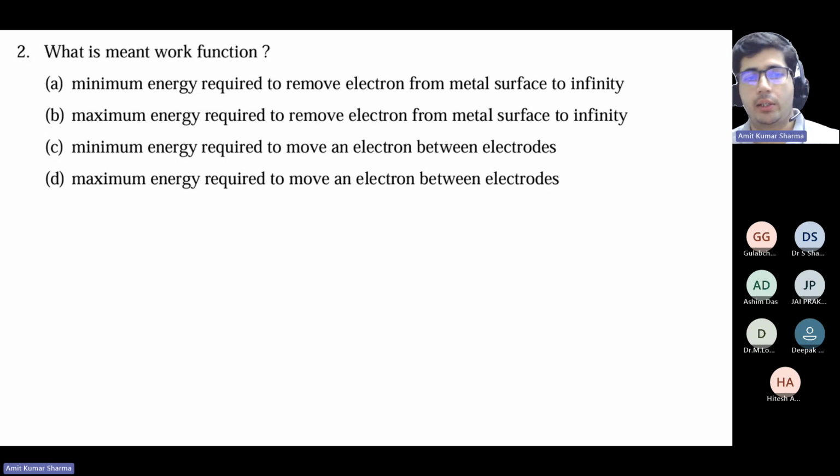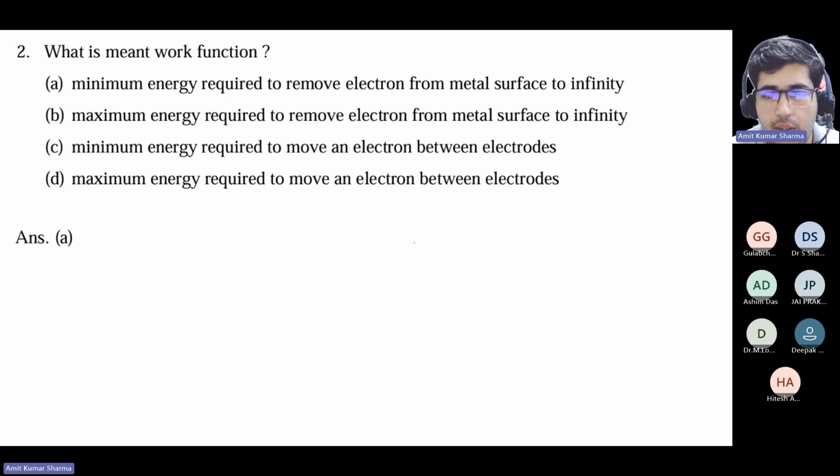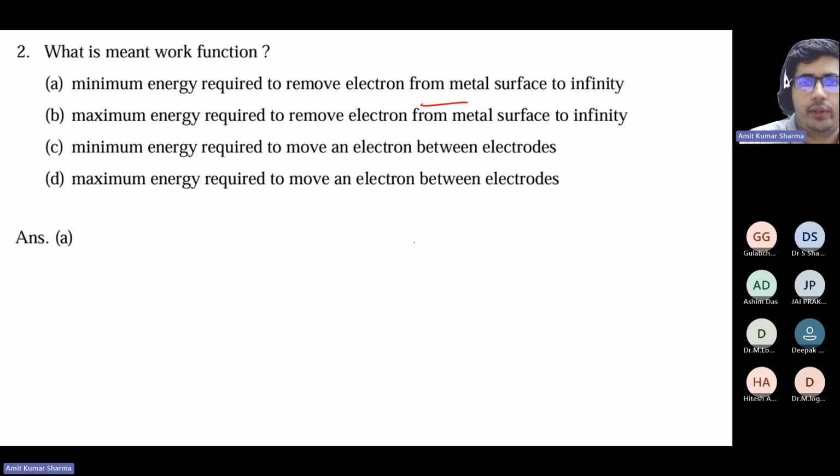If you have gone through the class videos, then you know the answer. Option A. Yes, nice. The work function is the minimum energy required to remove an electron from a metal surface to infinity.